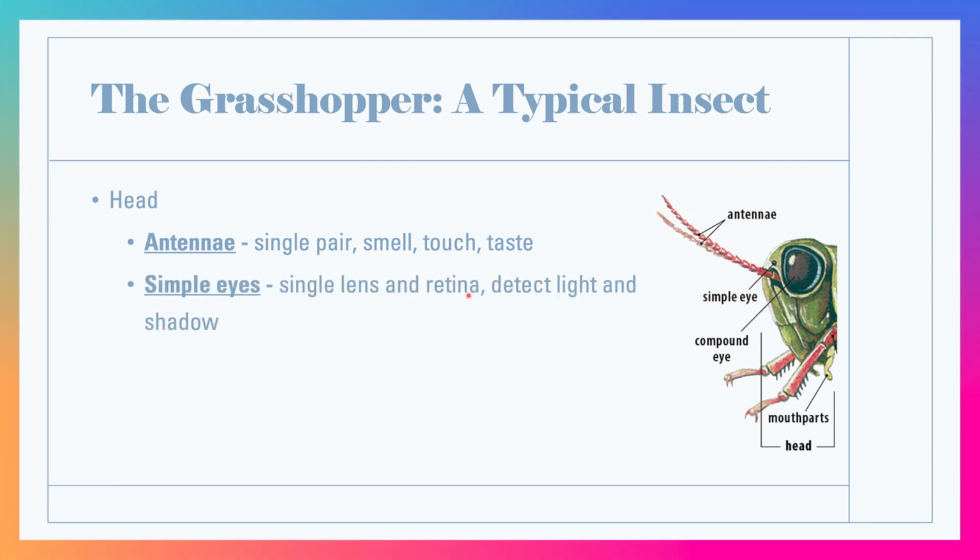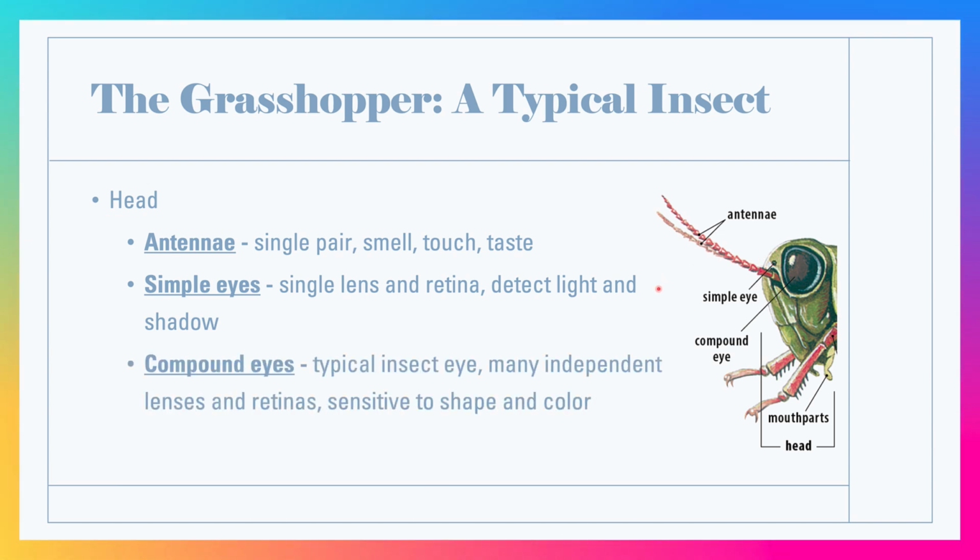The simple eye, an eye is a simple eye when there's a single lens and a single retina associated with that lens. Okay, so it detects light and shadow, and on this grasshopper, the simple eye is right here. Okay. The compound eye, on the other hand, is typical in an insect.